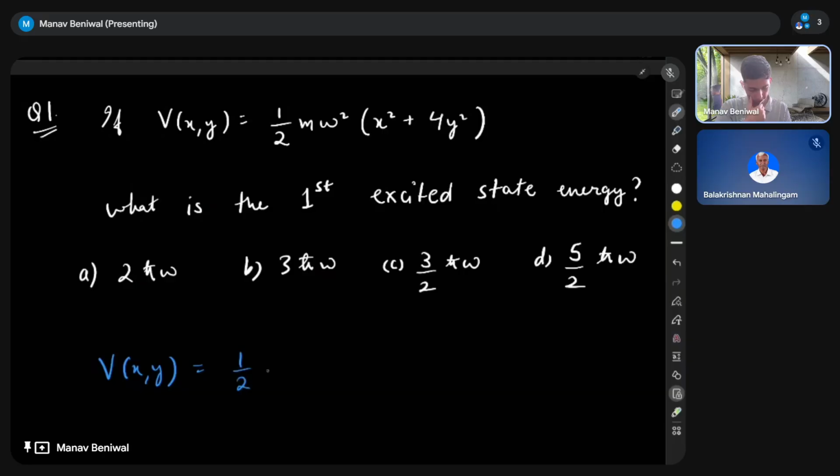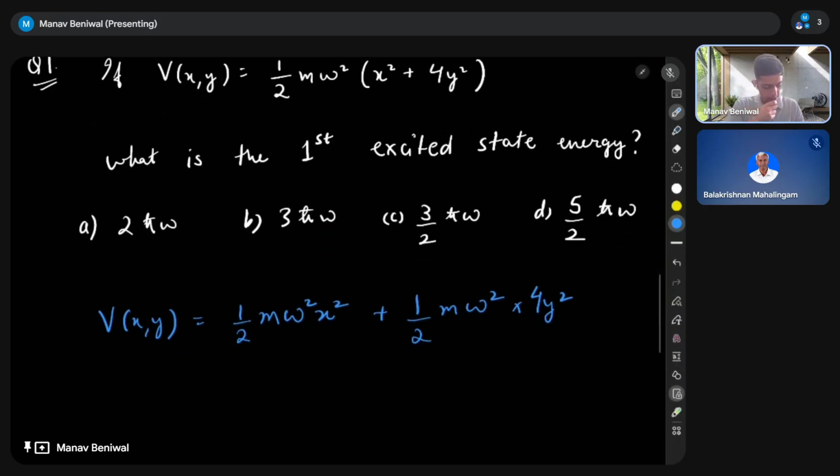Our potential is, now the first term we can write like this, and the second term we can write like this. Now for the second term, what we can do is we can rewrite this second term as follows.